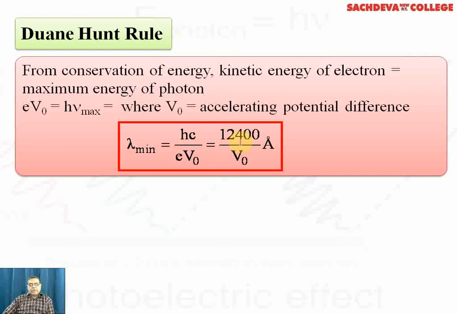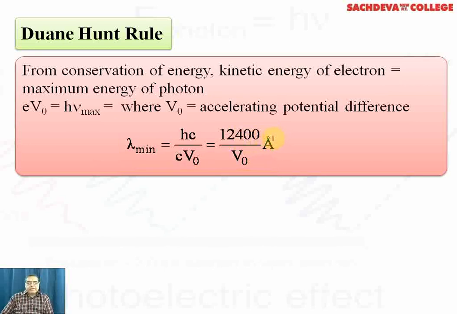The shortcut formula is 12,400 divided by the voltage applied between the cathode and the target, and that is directly calculated in angstrom units. However, we can also compute the values of h, c, e and V naught and make the calculation in meters.